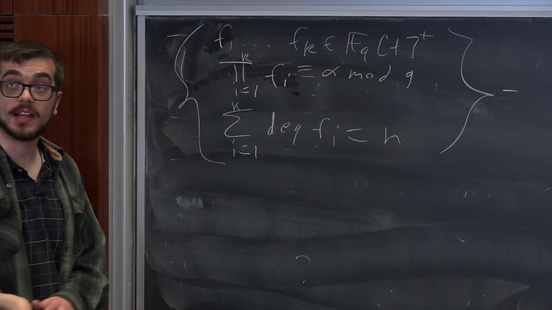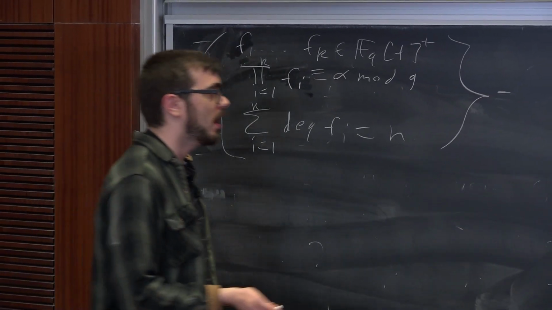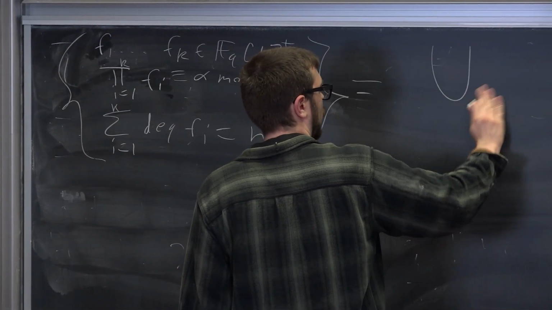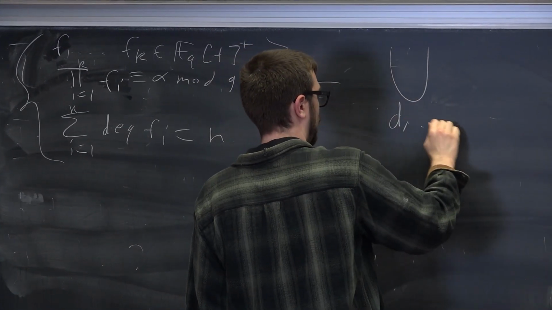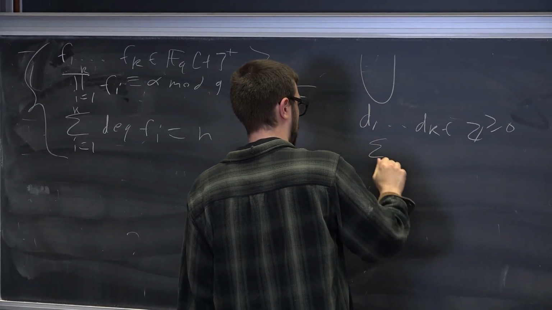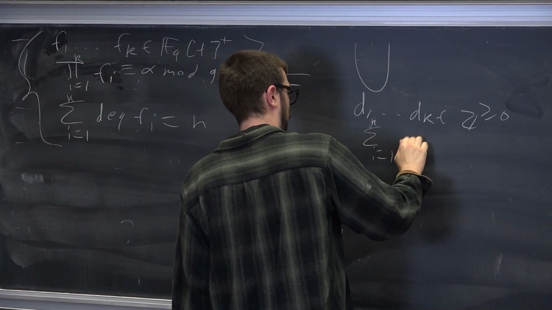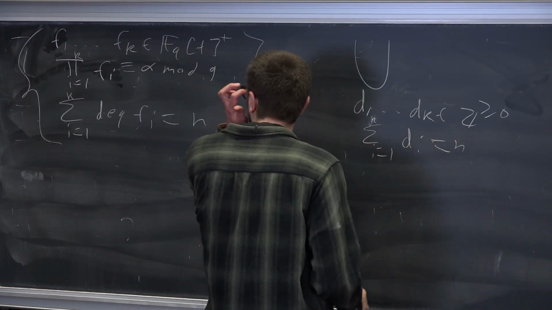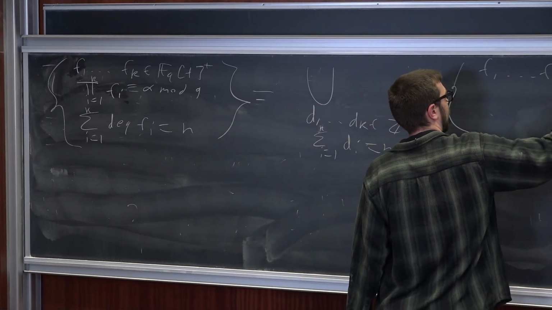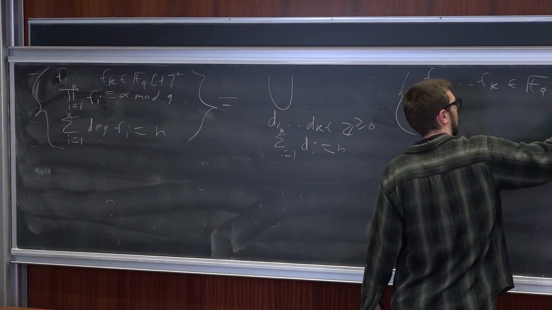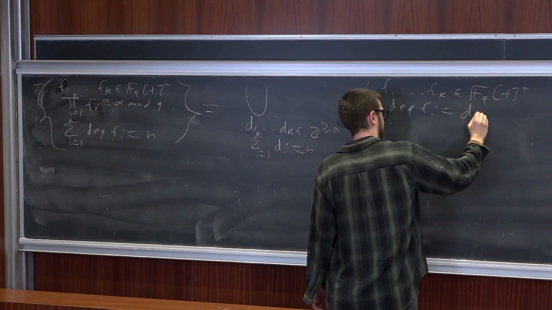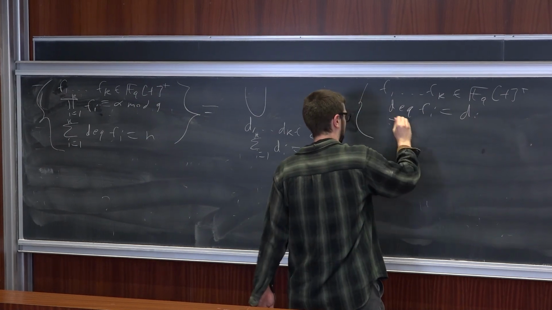What is the set we're trying to count elements of? Another way to express it, we can break it up into the union over tuples d1 through dk of non-negative integers that sum to n, of the set of f1 through fk in Fq[t] plus, with degree of fi equal to di, and the same congruence condition.